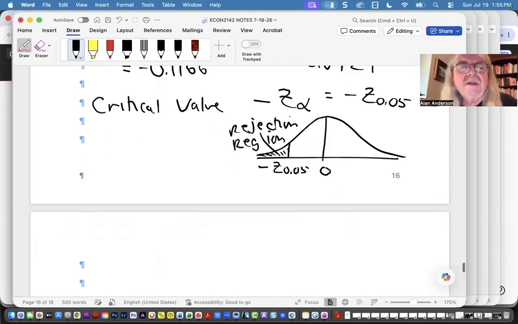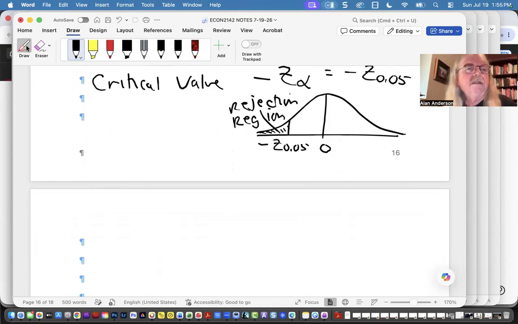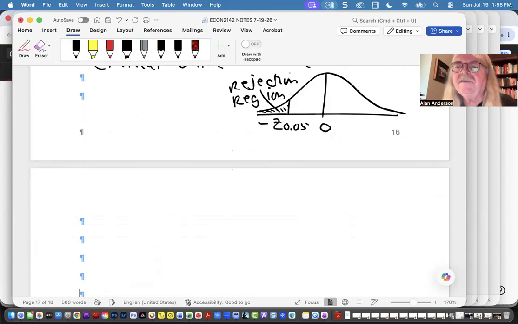All right, so let's look it up. We're going to use second VARS, INV norm.